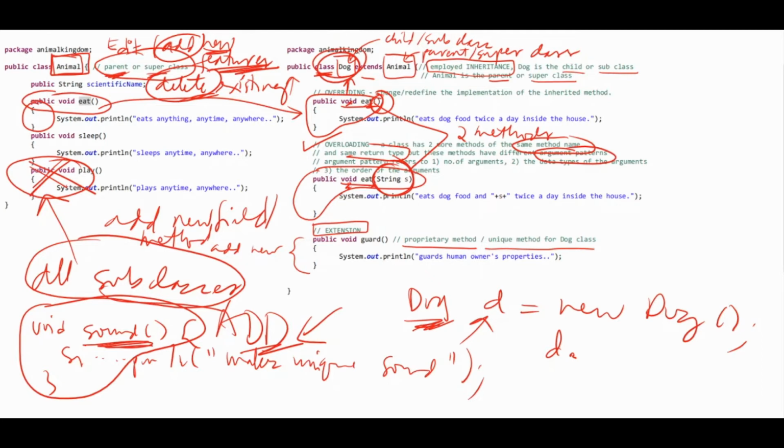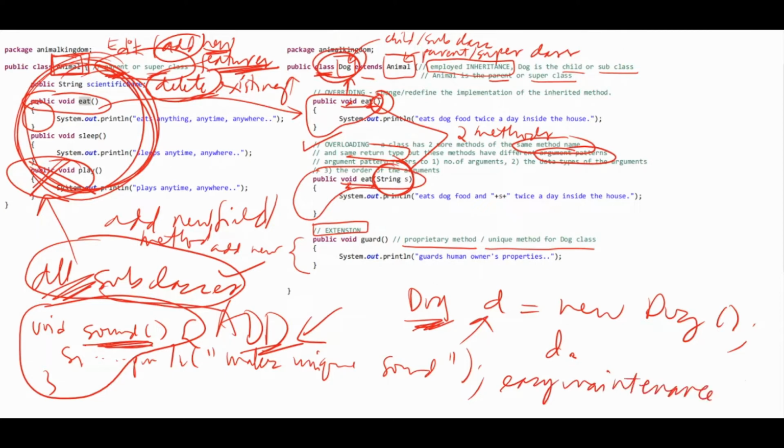All subclasses will automatically be affected. So whatever you add in here or delete from here, all the subclasses will be added with all of those features or will be deleted with all those features. So that would mean easy maintenance or easy modification of the subclasses.